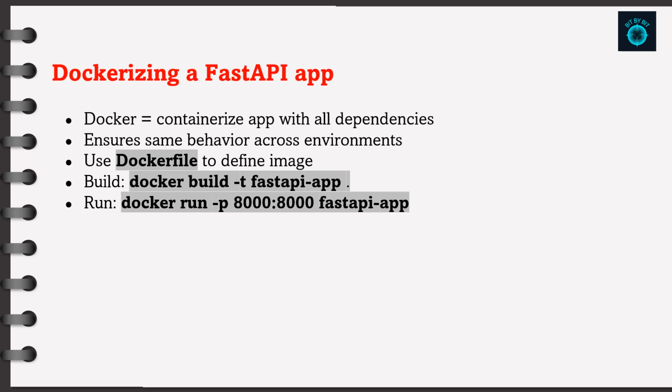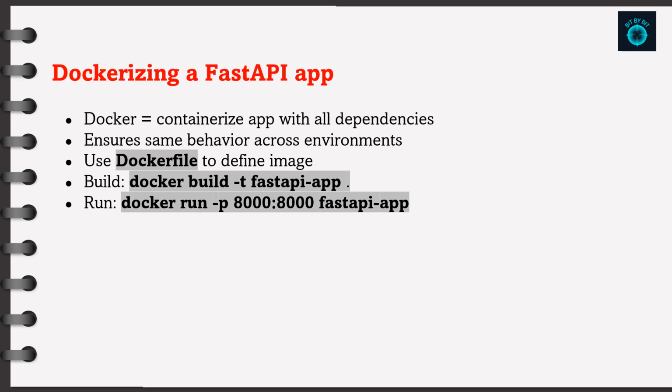Once the Dockerfile is ready, we build an image using the command docker build -t fastapi-app . Here, -t gives the image a tag, fastapi-app, and the dot means the Dockerfile is in the current directory. After building, we run the container with docker run -p 8000:8000 fastapi-app.